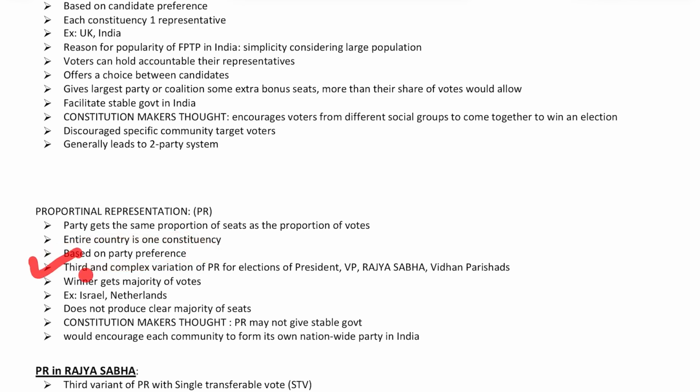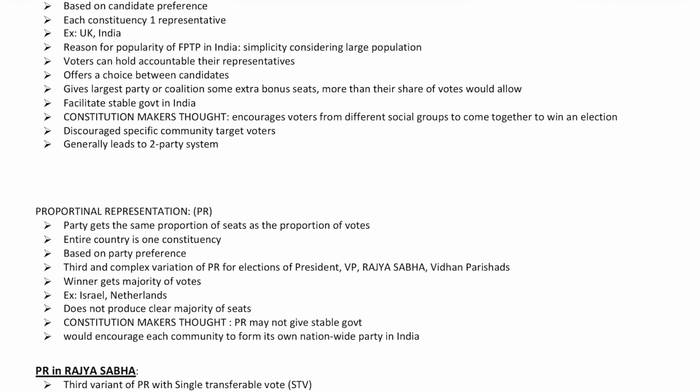The third and complex version of proportional representation is used in India for elections of the President, Vice President, Rajya Sabha, and Vidhan Parishads. In proportional representation, the winner gets the majority of votes in terms of percentages. This is used in Israel and the Netherlands. It has not clearly reduced the clear majority of seats.